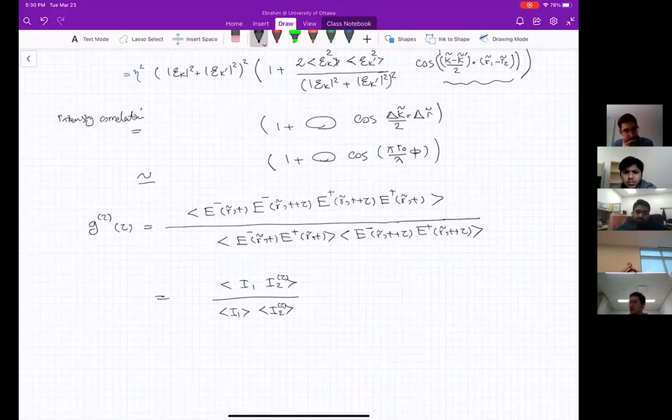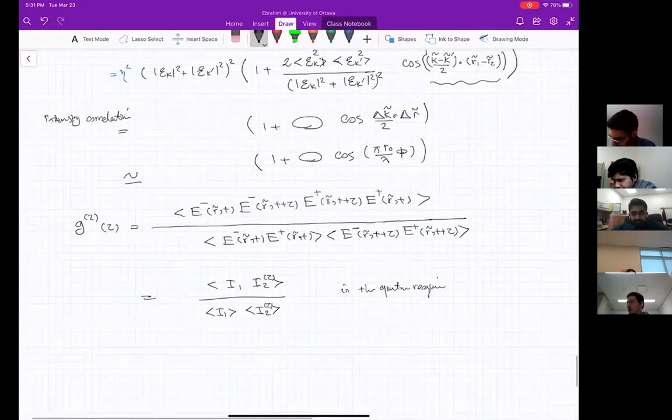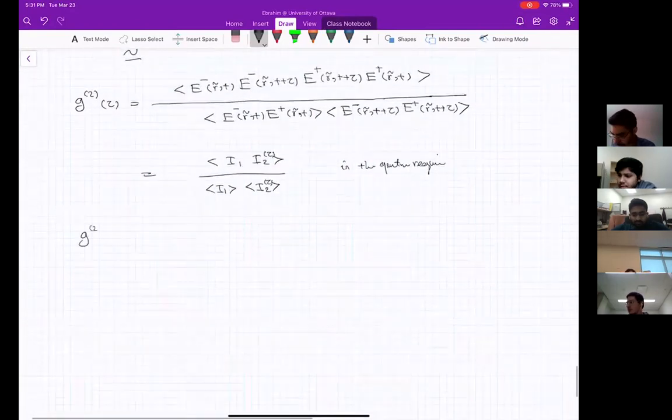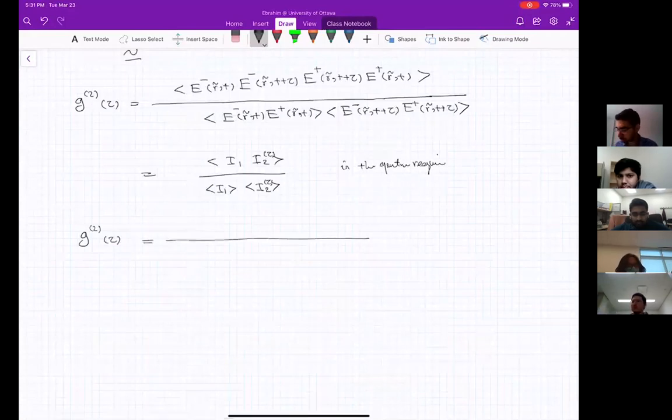Okay. And in the quantum regime, we have to replace that with annihilation and creation operators. So for the G2 function we have minus, minus, plus, plus. Now what I do, I will just replace it with annihilation and creation operators.